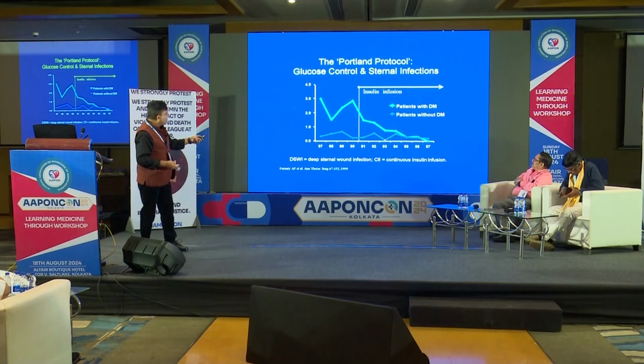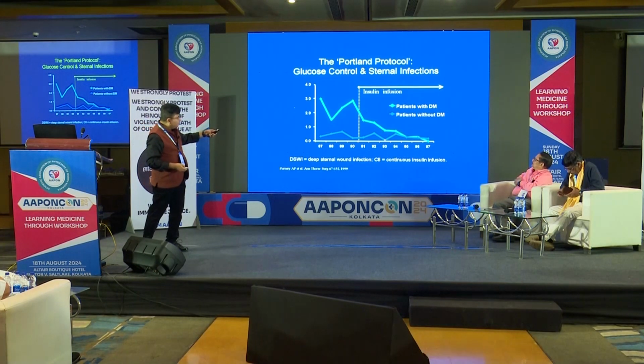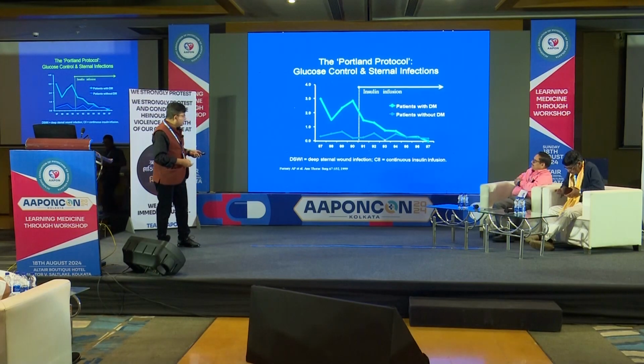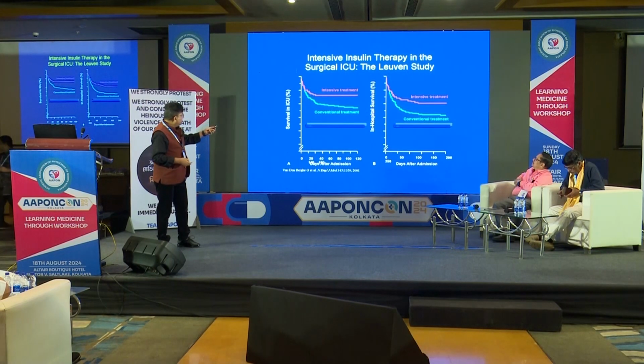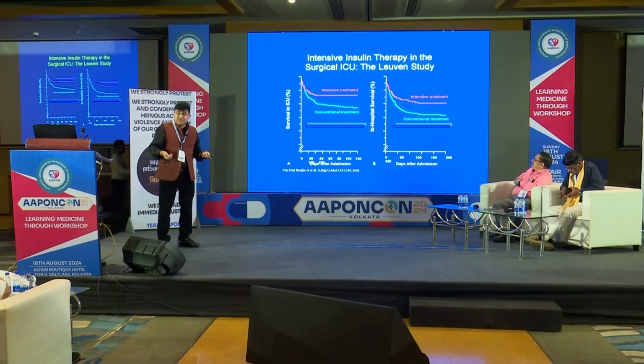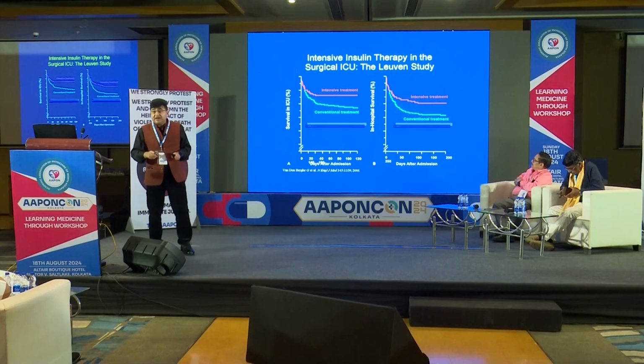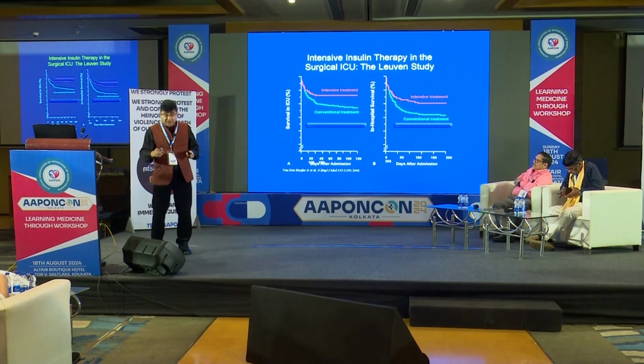So this is the Portland protocol, which also showed that if you put the patient on an insulin infusion as per protocol, then you get a better outcome. Again, the Leuven study, a very famous study, showed that keeping the blood sugar tightly controlled, and they targeted 80 to 110 in surgical patients, there was better outcome.